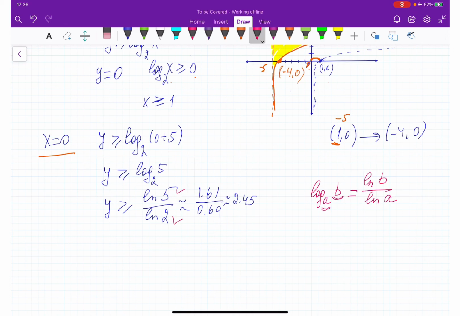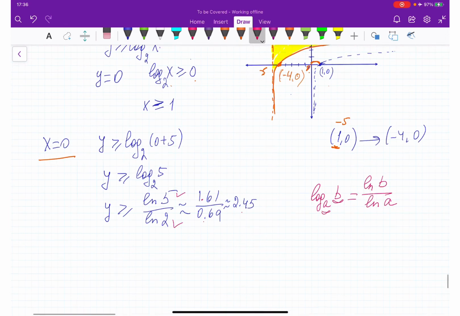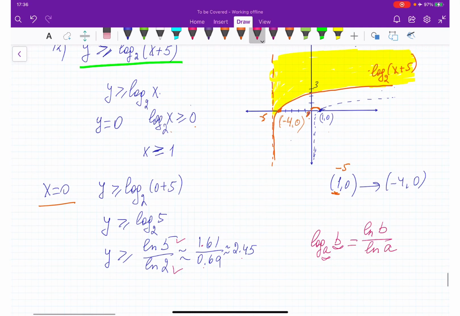On the calculator, natural log of 5 is 1.61, natural log of 2 is 0.69, which is approximately equal to 2.45. This way I found approximately this point here, that's where it's crossing y when x is equal to 0.